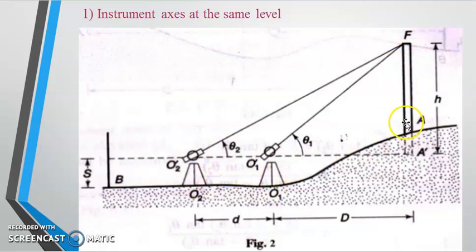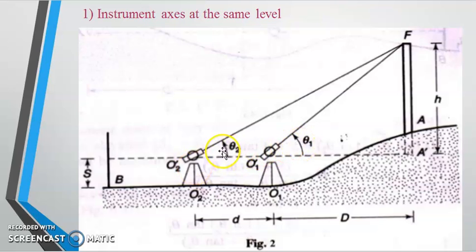The vertical object is FA and we have a staff kept at the benchmark which has a reading S. Now when I say the instrument axis is at the same level, this means the horizontal line of sight is the same for both the instruments. That means this value S, or the backsight staff reading kept at the benchmark, is the same for the instrument kept at O1 and at O2.